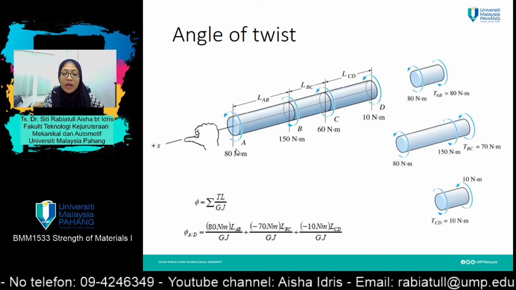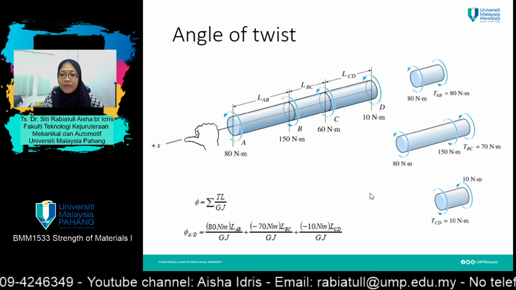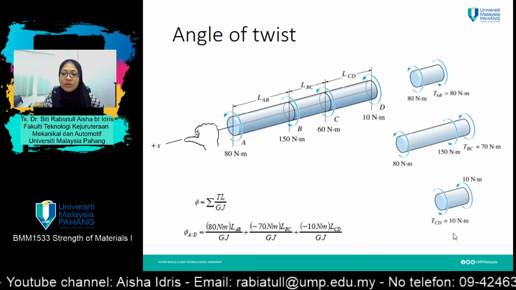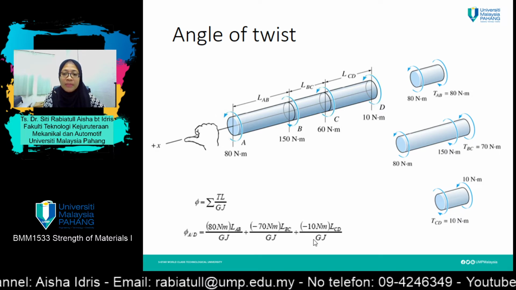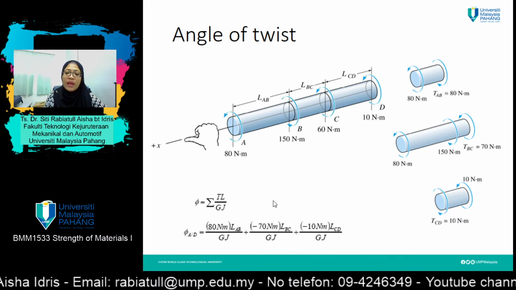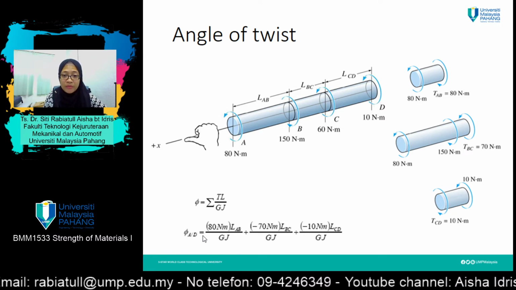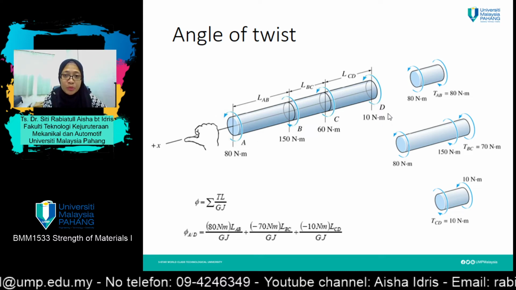By right, if you cut from A until before point D, you should get the same value. From there, just substitute into the formula, and finally you get the angle of twist for point A relative to point D.